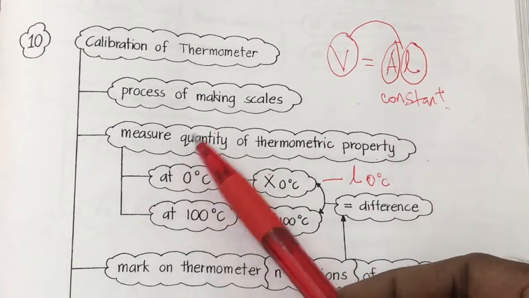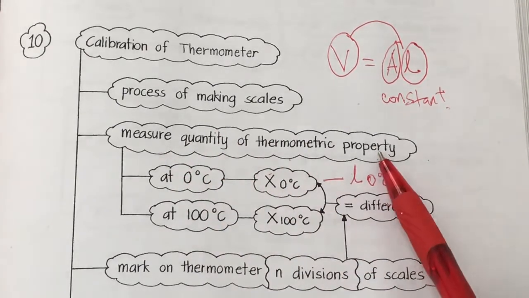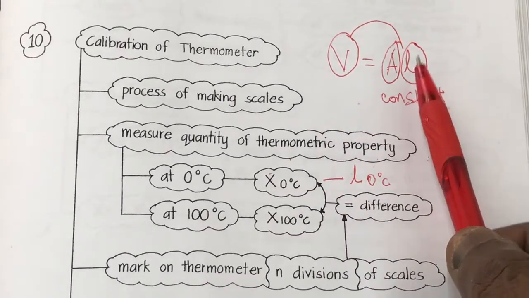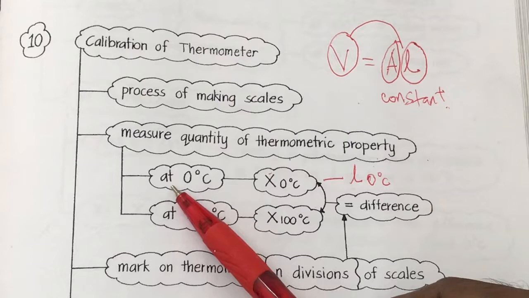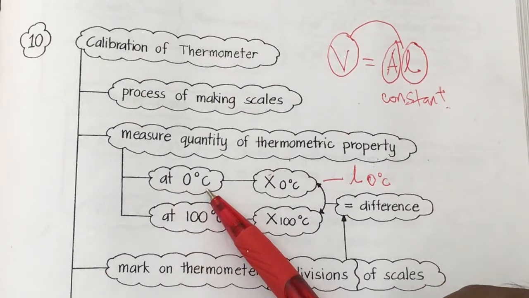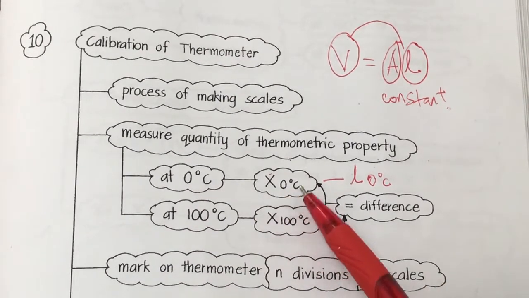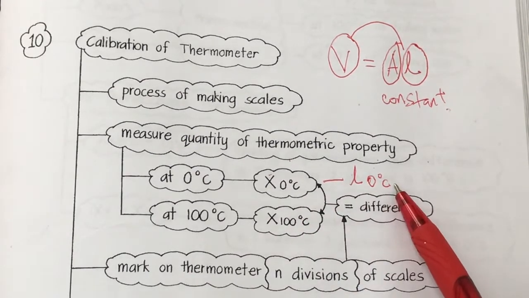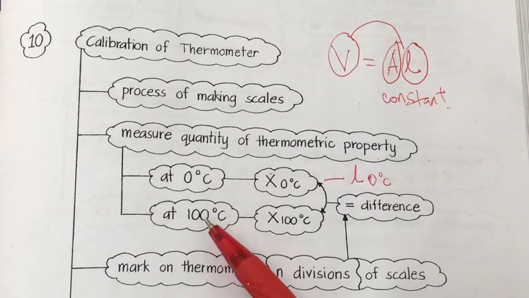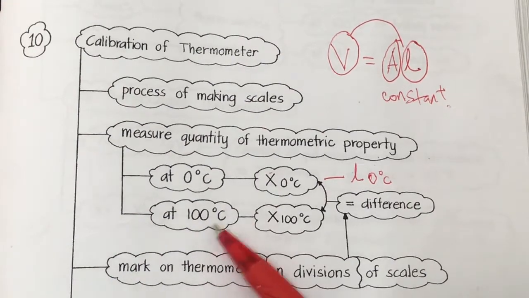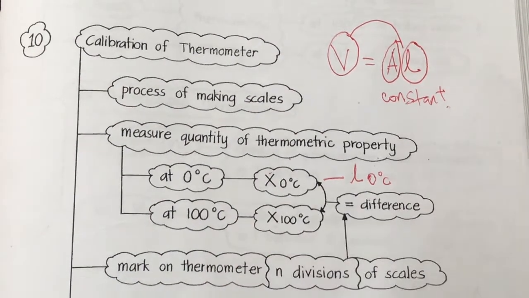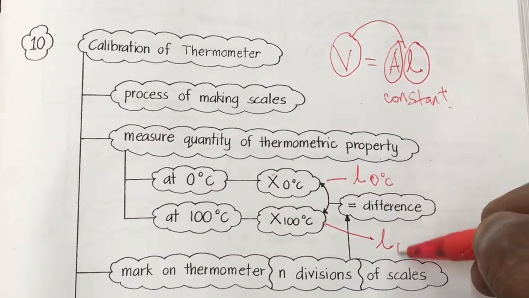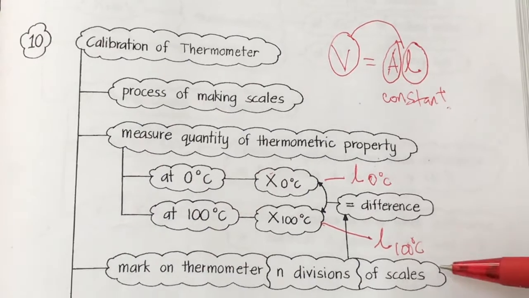Similarly, we measure the length at 100 degrees Celsius, label it as X 100, in this case the length of the mercury column at 100 degrees Celsius.